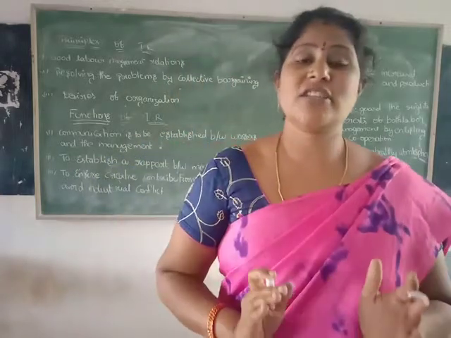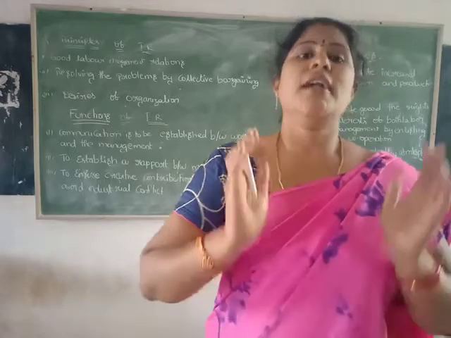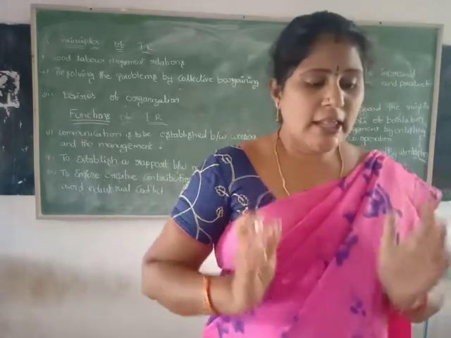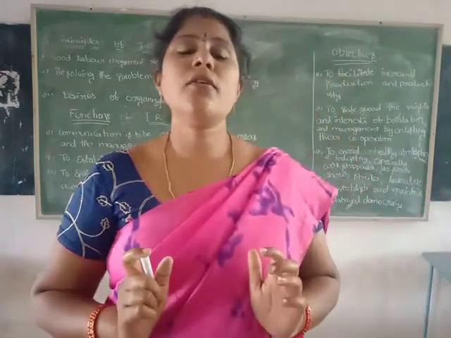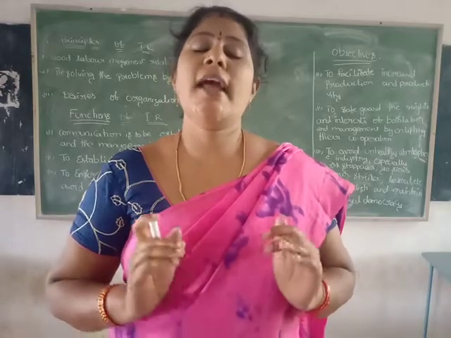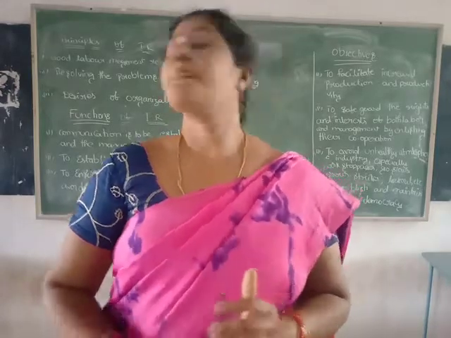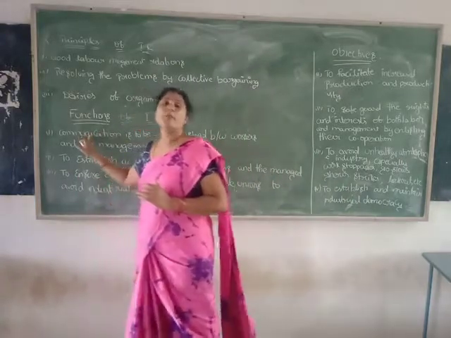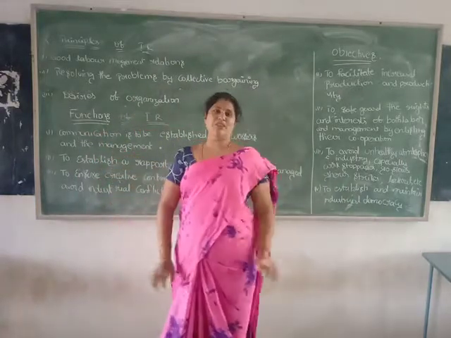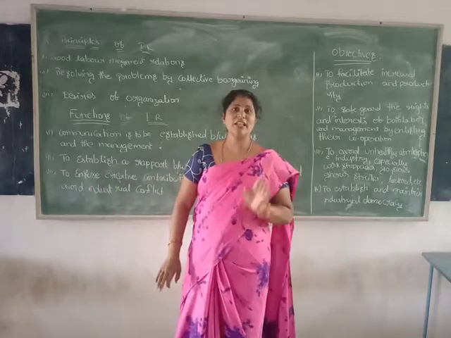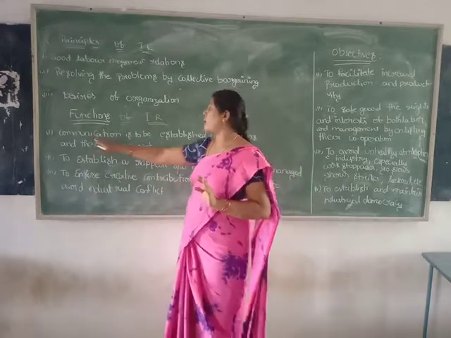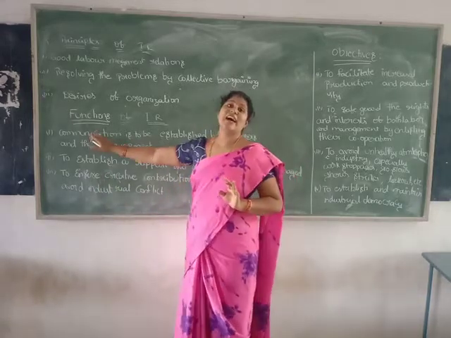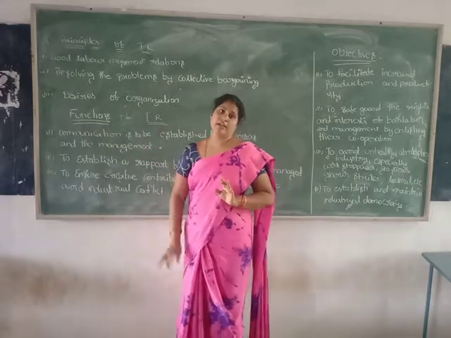Here they are establishing organization development. In that order they have to gather together and do the work properly. What type of communication must it be? Here the communication must be formal communication, not informal communication. It is a healthy atmosphere.